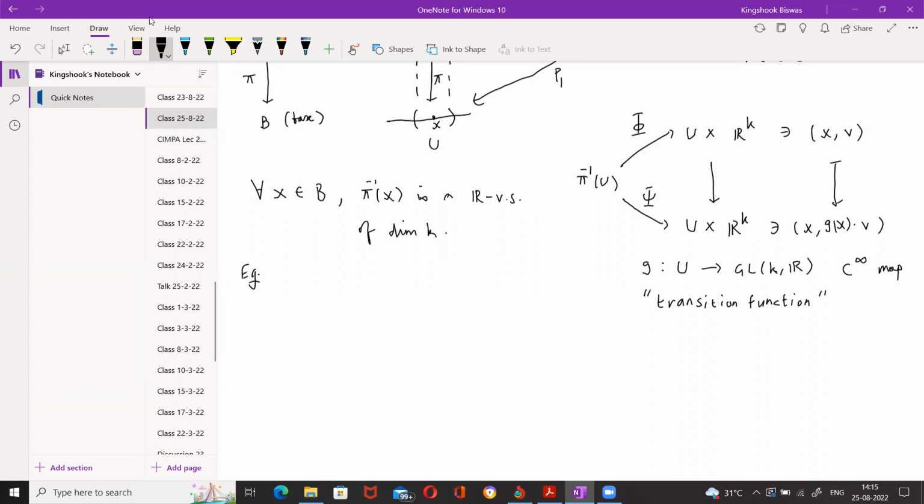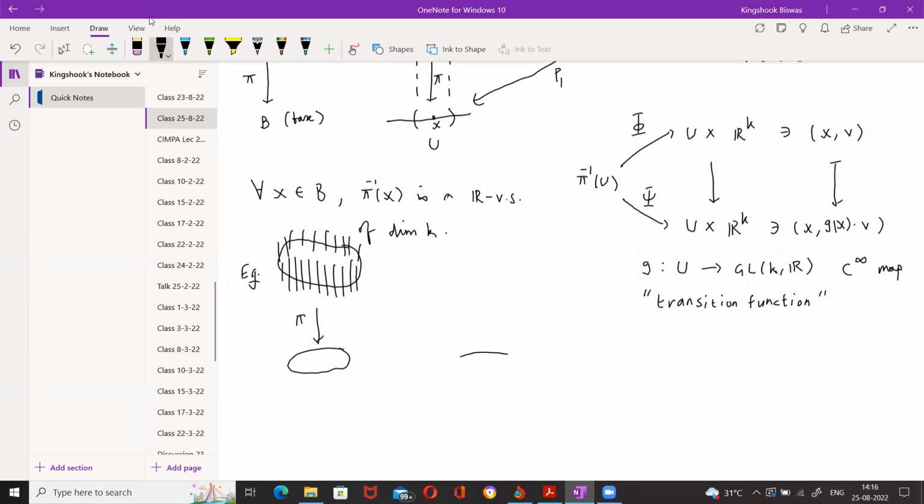So for example, if I take my base to be a circle, and the vector bundle to be a product, then this product will be a cylinder. So this is called the trivial bundle. If I take a product, I'll just get a cylinder. So this is one possible vector bundle over the circle.